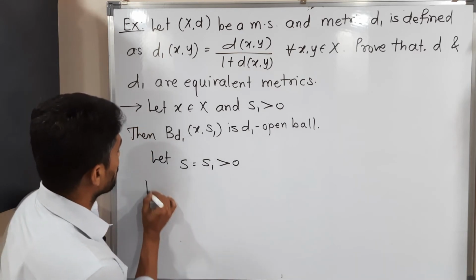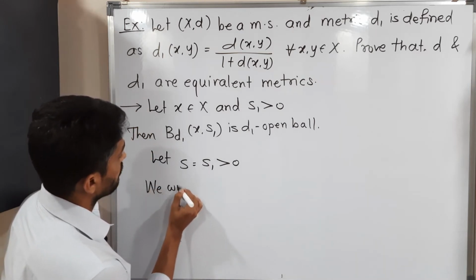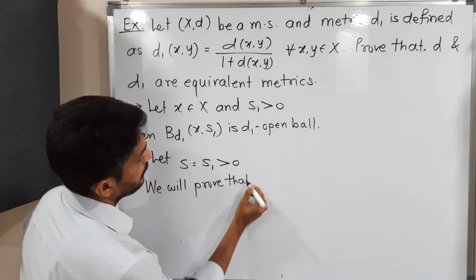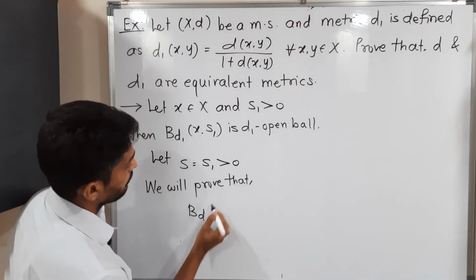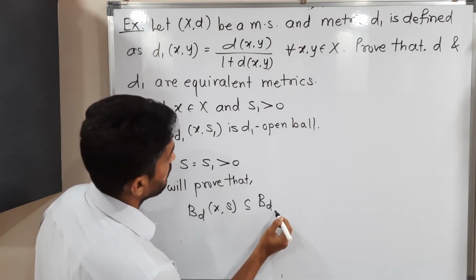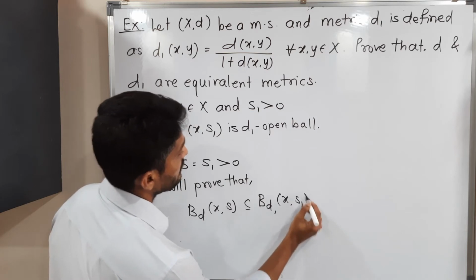We will prove that the d open ball with center x and radius s is a subset of the d1 open ball with center x and radius s1.